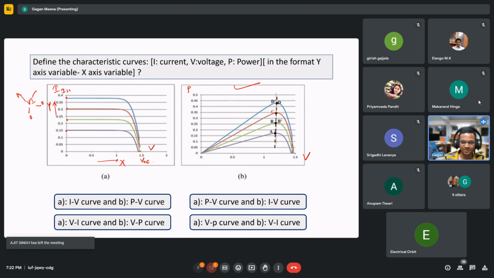The product is zero. That is why we can see here also power is zero, here also power is zero. In between you will find a point, the knee point, where the power is maximum. So this is the maximum power point. We use MPPT tracking algorithms to track this point so that we can extract maximum power from the solar cells.